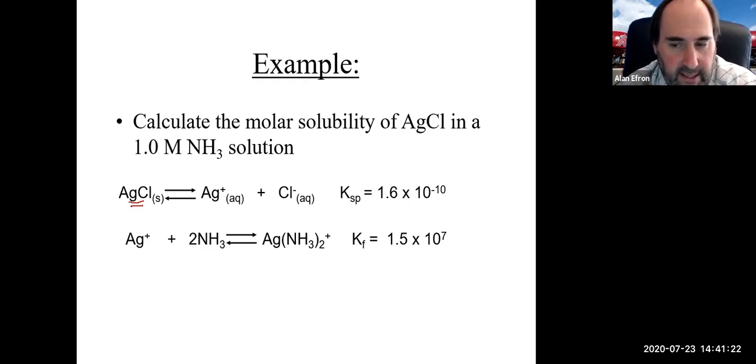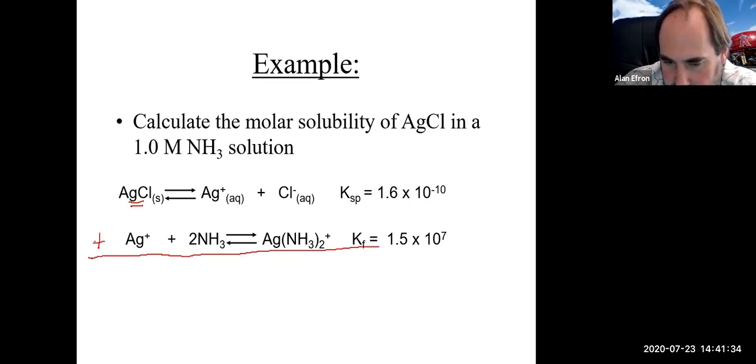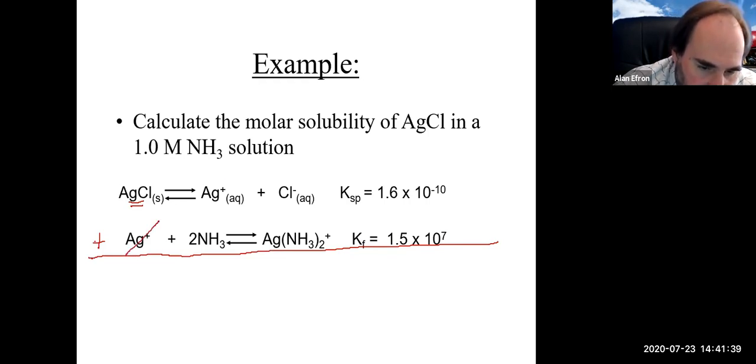To get what's truly happening here, we need to add both of these reactions together. The silver ion itself is going to cancel out as it's on opposite sides, and that leaves us the overall reaction that the problem is talking about.